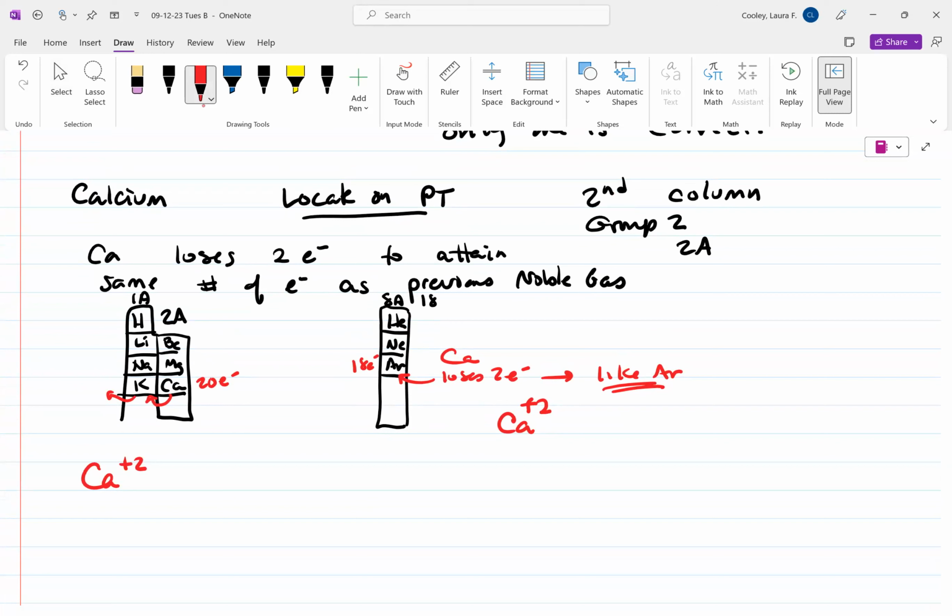What about oxygen? Well, oxygen is over here on the periodic table. It's in group 6A, 16. It has to gain 2 electrons. This would be fluorine here, so it would gain 1.